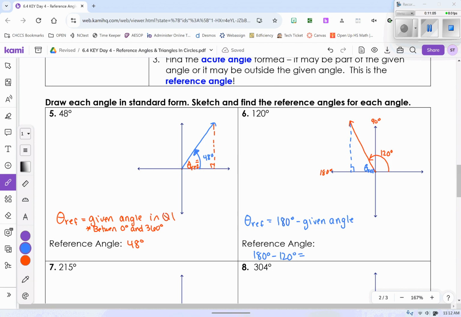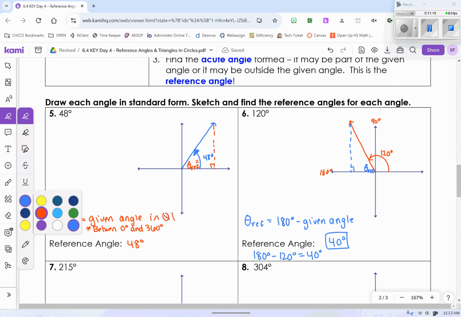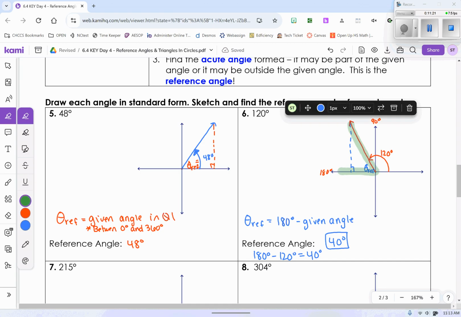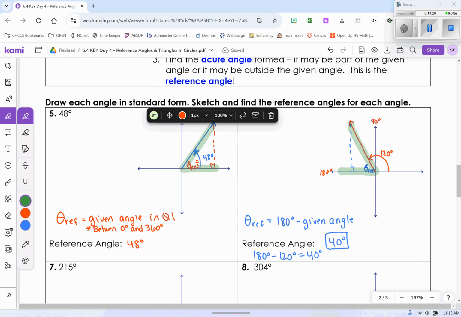So the reference angle is 60 degrees. And again, that would be this angle. Let me highlight it. So let's use green. So this angle is your reference angle. It's a positive acute angle. Same thing here, the reference angle is actually equal to the given angle there.